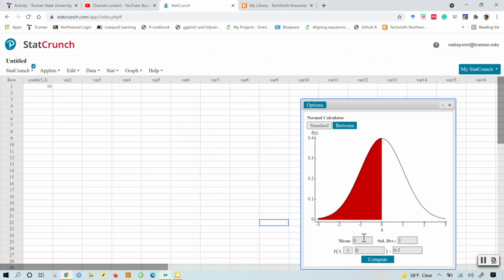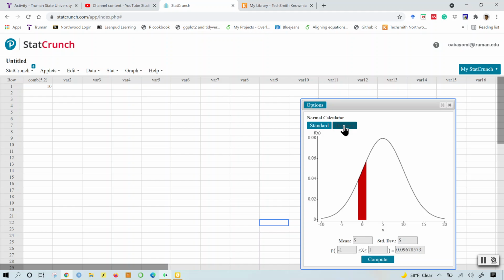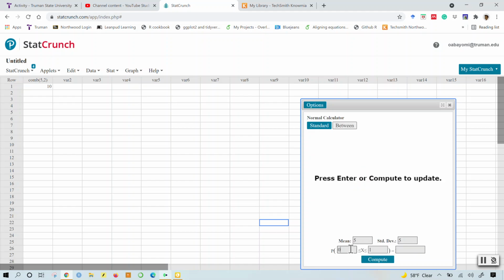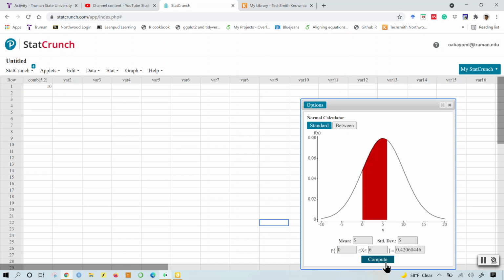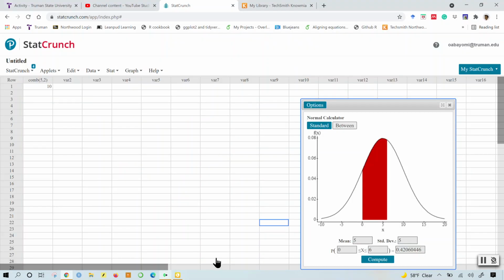Okay, so I want 5 and 5. And this time I want area between. So I'm going to click on between, and between 0 and 6 and hit compute. So between 0 and 6, which matches exactly the question, and I have my answer, which is 0.4206.